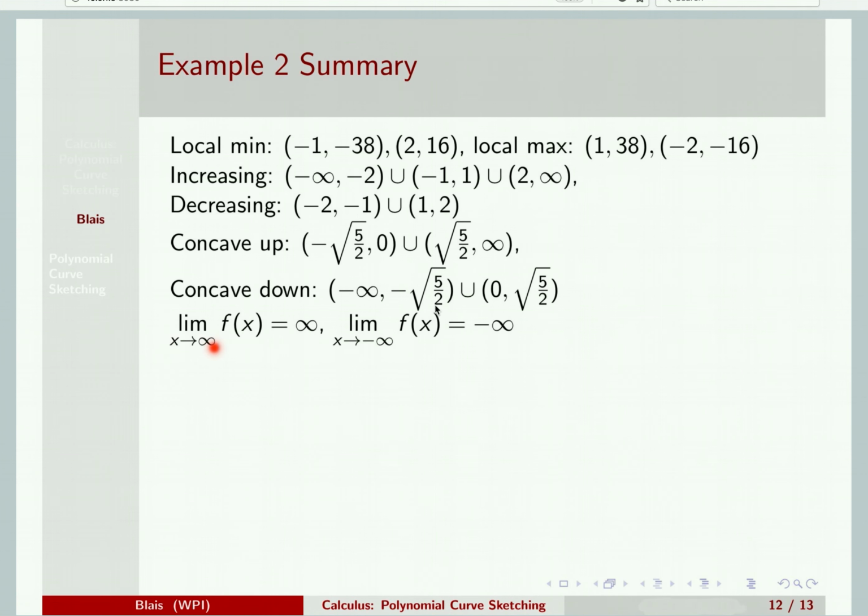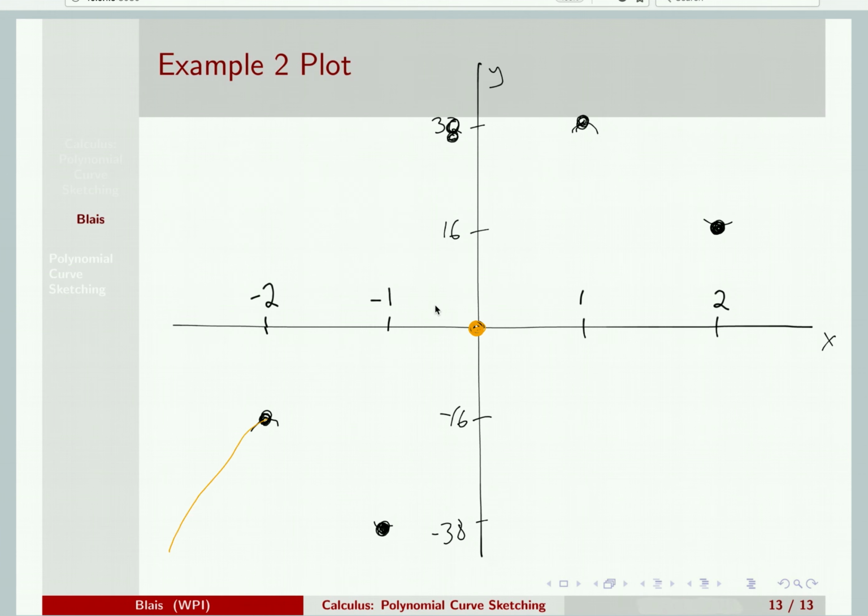So first of all, the limit as x goes to minus infinity of f of x is negative infinity. So as x goes to the left, the function has to blow downward to minus infinity. So we know the function has to look like this.